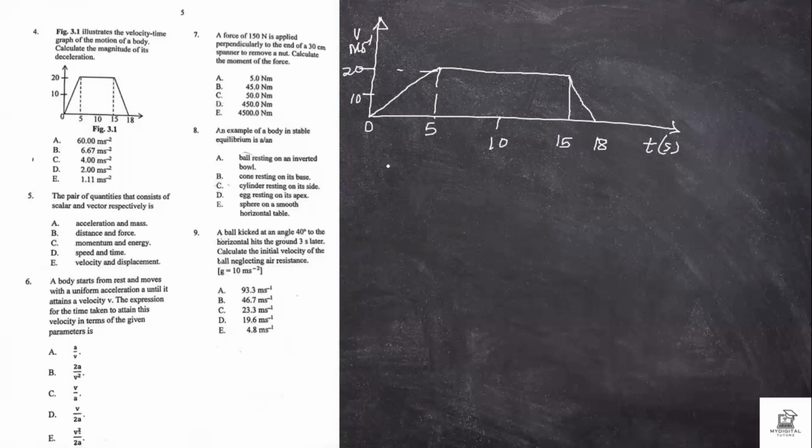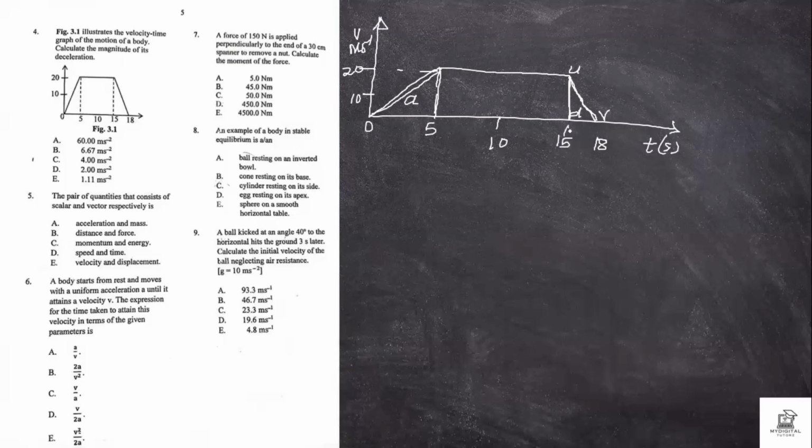So now we are asked to calculate the magnitude of the deceleration. Here is acceleration and here is the deceleration. So we are going to look at this triangle for the deceleration. If it is acceleration, you look at this triangle. So in that case, here is your initial velocity and here is your final velocity when the body comes to rest.